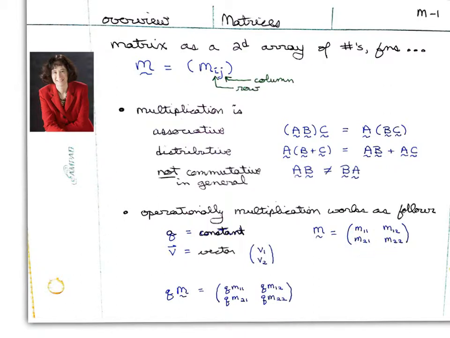The elements away from the diagonal have different row and column indices. So here M21, M12. If I want to multiply this matrix by a constant, well, all that happens is that every element of the matrix gets multiplied by that constant. So that's very straightforward. Let's go to the next slide to look at more complicated multiplication.